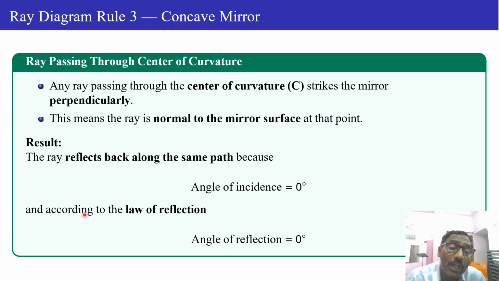And according to the law of reflection, the angle of reflection is equal to 0. So angle of incidence is equal to angle of reflection is equal to 0, according to the law of reflection.